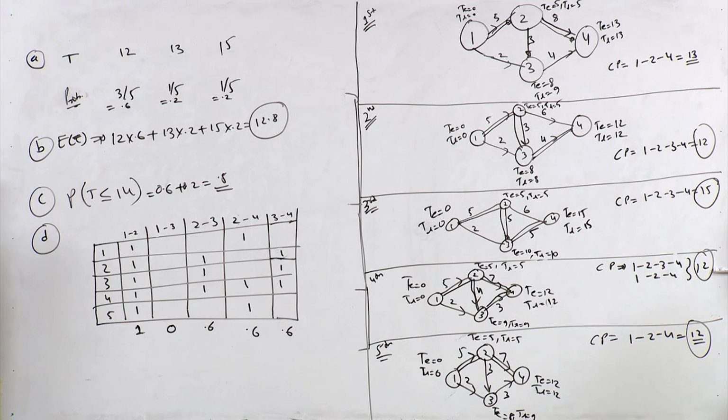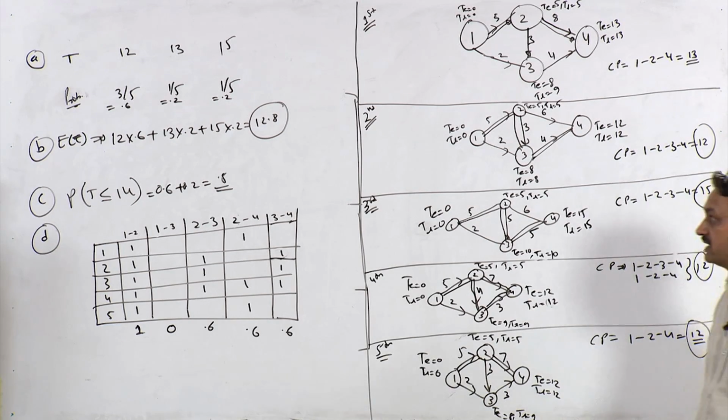In the fourth run there are 2 critical paths, in fact in no other run did we find 2 critical paths, but in this run we have got 2 critical paths, right. So this is 1, 2, 3, 4 and 1, 2, 4, and the total duration is 12. In the fifth run you have again got 2 critical activities, 1, 2, 4, right, and the total duration is this.